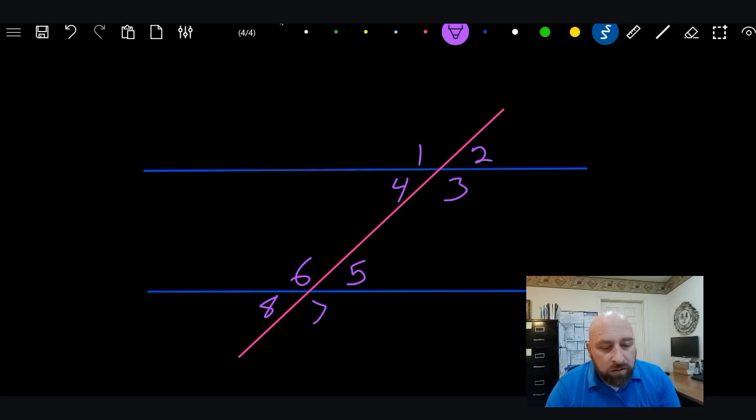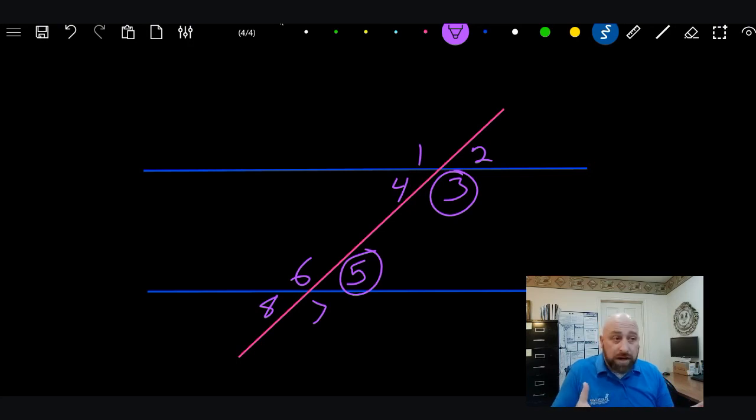Two interior angles: if I can prove that 3 and 5, it doesn't say alternate interiors, it just says two interiors. Alternate interiors would be 3 and 6. But if I can prove that 3 and 5 equal 180, or a straight angle, then I also prove that those are parallel. So that's another way to do it.